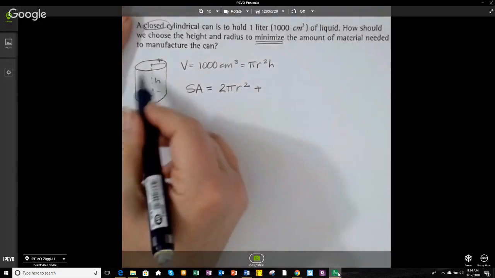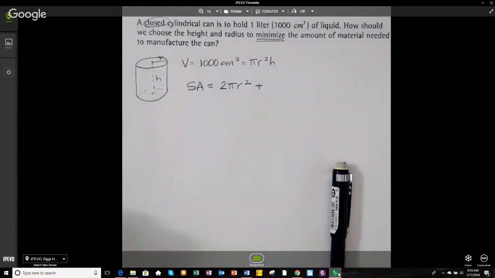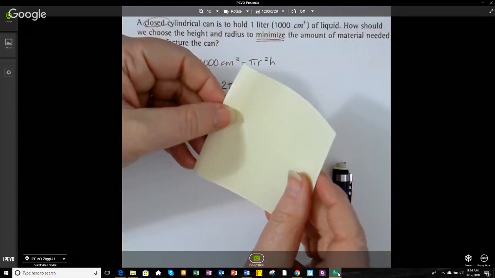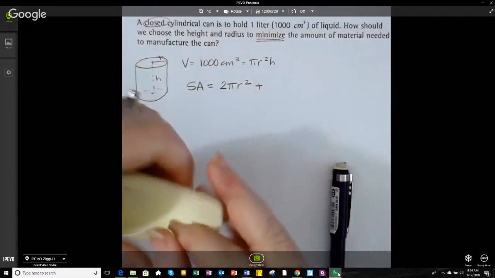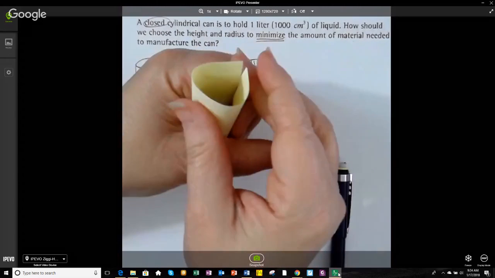I need the area of the outside. Well, it's kind of an awkward area, but since I have the ability to show you a picture, which is very, very cool, if I were to make a cylindrical can out of this piece of paper here, there it is.